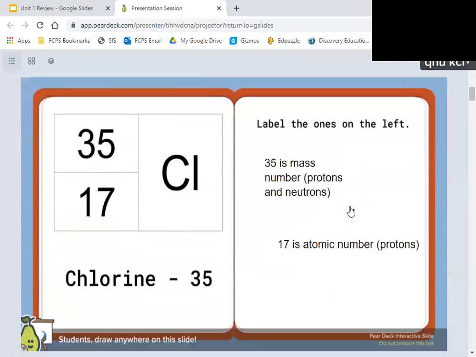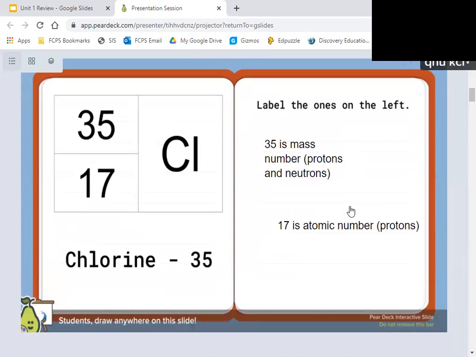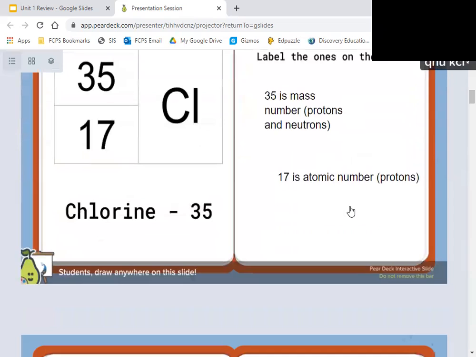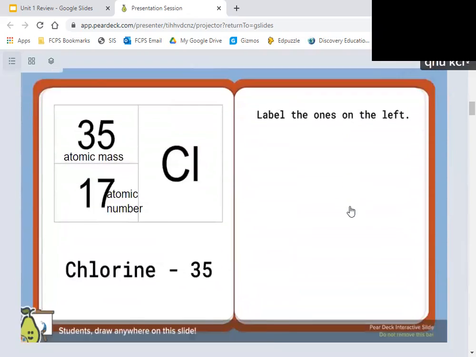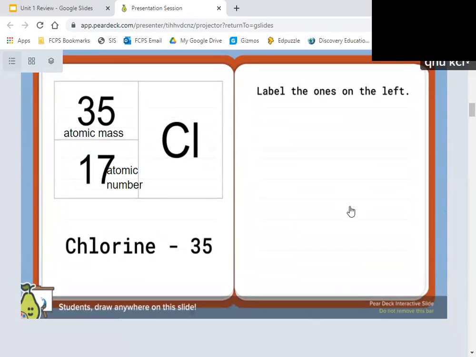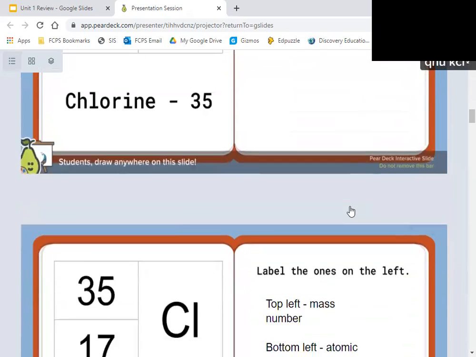Perfect. 35 is the mass number, which is also proton plus neutron. 17 is the atomic number, which represents the protons. So instead of atomic mass, it should be mass number.